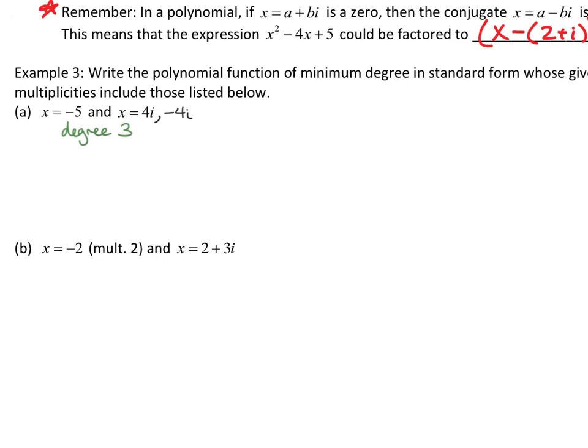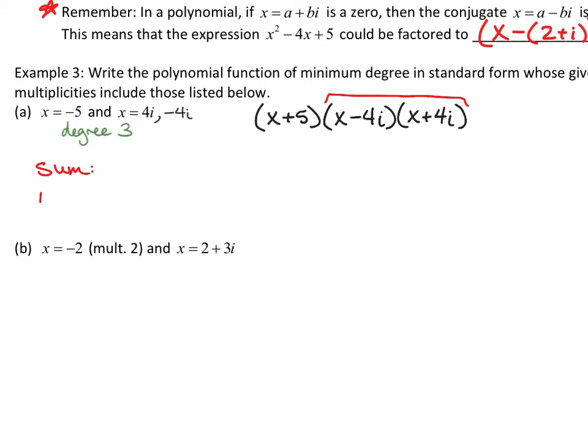Okay, so what we're going to do is multiply the factors created from this particular set of zeros. The factors would be x plus 5, x minus 4i, and x plus 4i. Okay, let's use that shortcut again. I'm going to use a shortcut to multiply the back two together. Our shortcut says that we need the sum and the product.